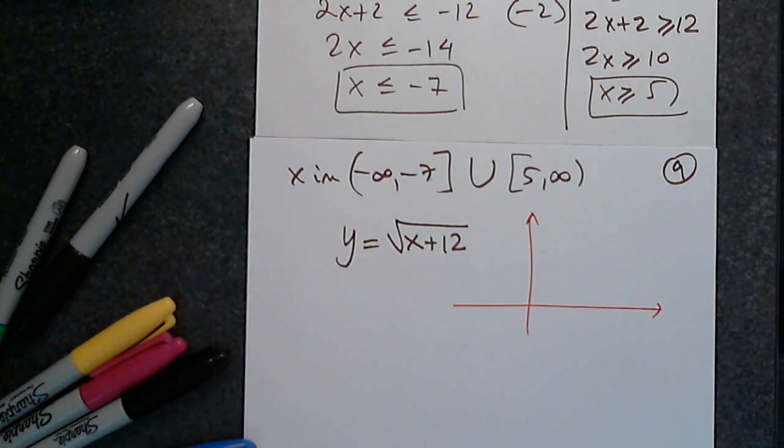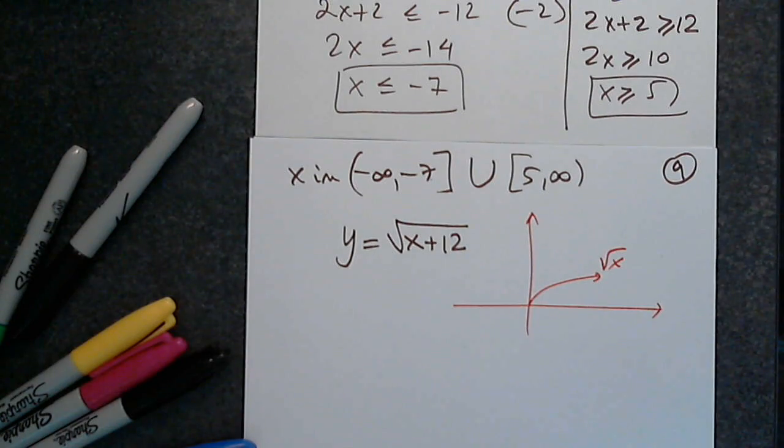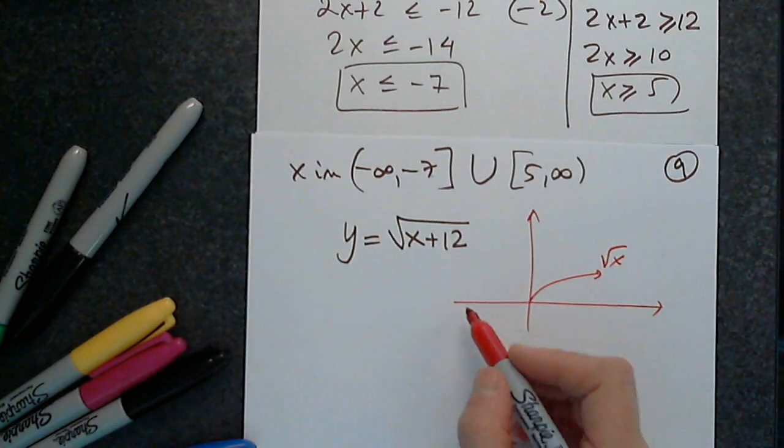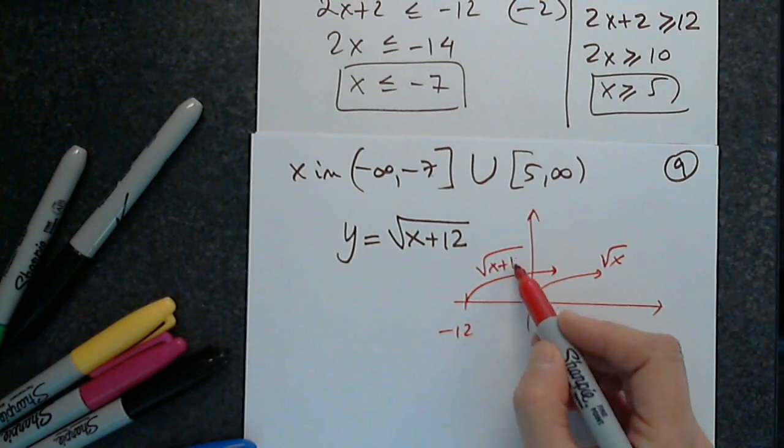I know transformations now. What is the base function? I can imagine the graph already. Square root. This is the square root of x. And then, very good. So let's say this is negative 12. Square root of x plus 12.